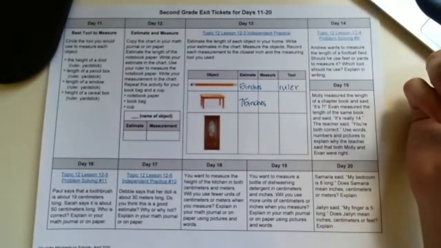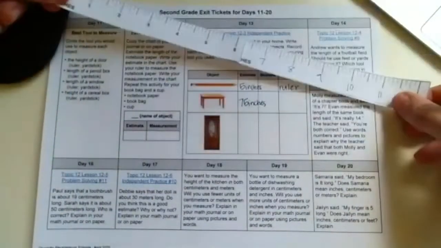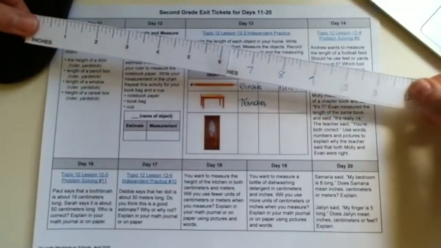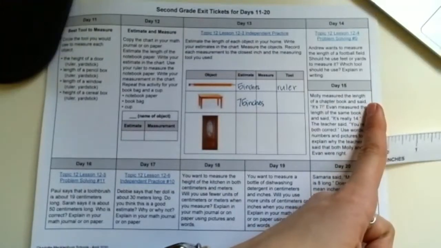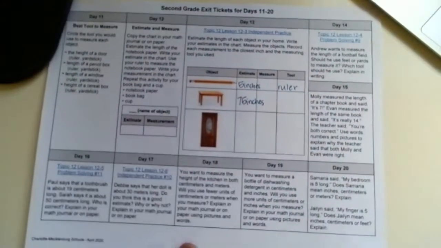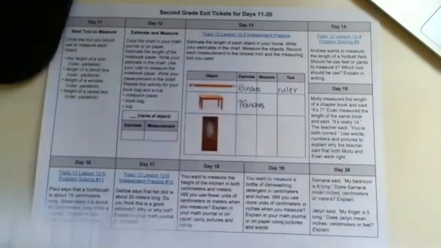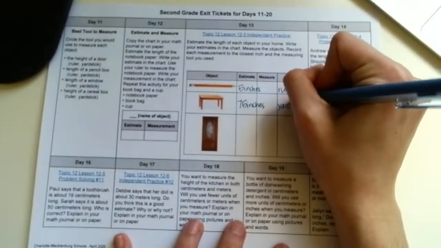And I know that my kitchen table is way longer than this ruler, right? When I measure it, it might be hard to use this ruler because I would have to put my ruler down and see where it stops, then put my ruler down again and see where it stops, and keep adding on. So instead of my ruler, I'm going to use my yardstick because it's longer. So I'm going to write yardstick.